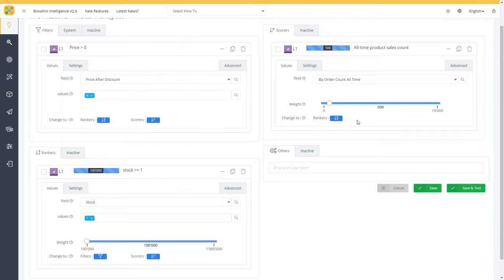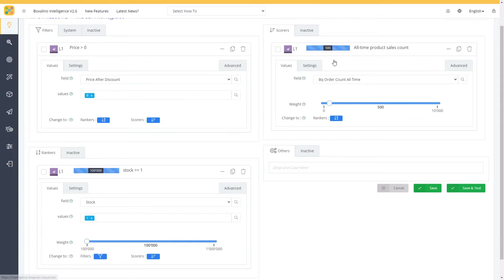Now, what does it mean then that it is a linear one? Well, it means that we are taking a value which is basically between the minimum and the maximum. We will see there are actually different options for that. But we're going to take a value which is between the minimum and the maximum. And we are going to provide a score, which is a number between 0 and the score, which is defined here.